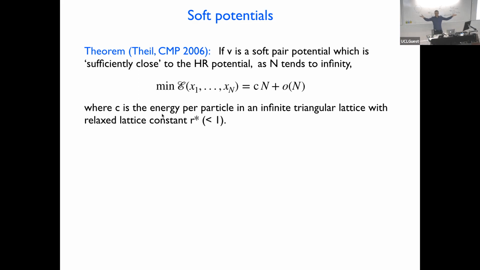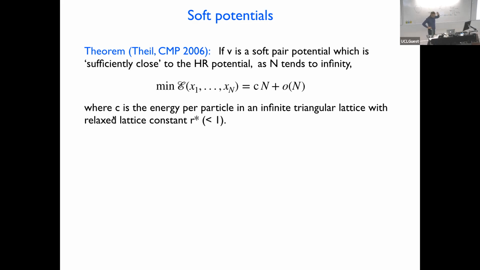It produces some compression on the bonds, so to speak. Then for the renormalized lattice, if you minimize among triangular lattices of different lattice constant, you find the true lattice constant is like 0.9 or whatever. And this is the energy per particle. That's similar to the sphere packing results: you get the optimal asymptotic energy per particle from a lattice.